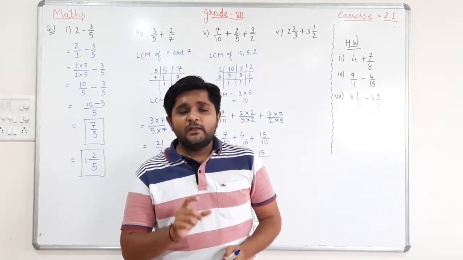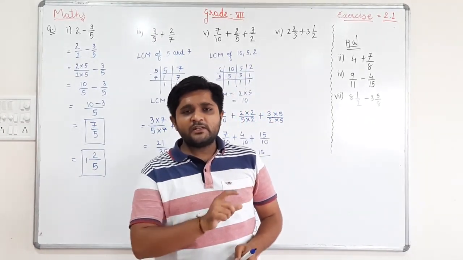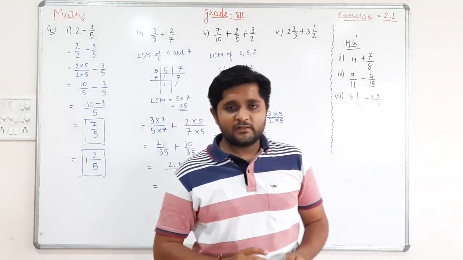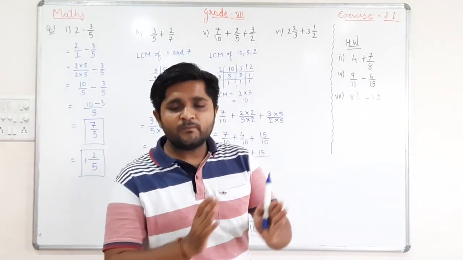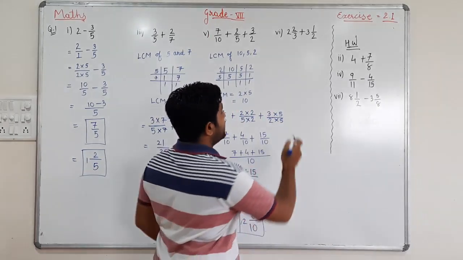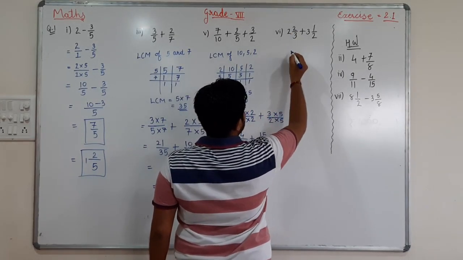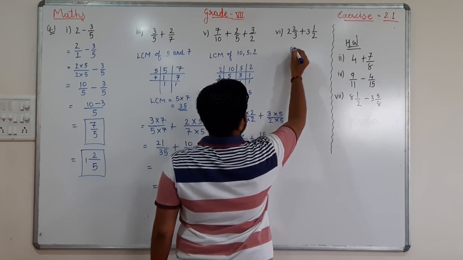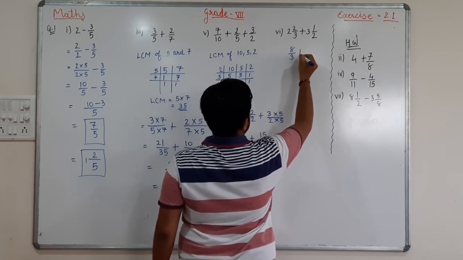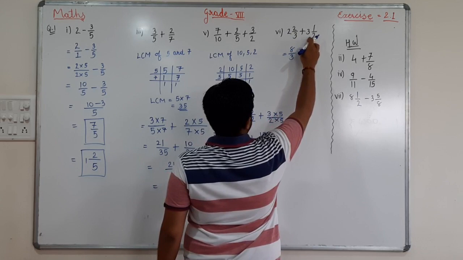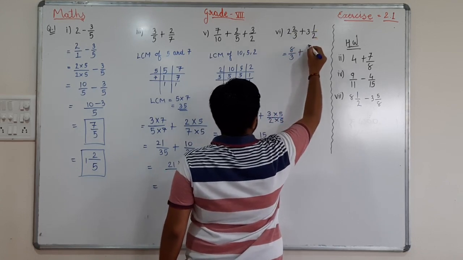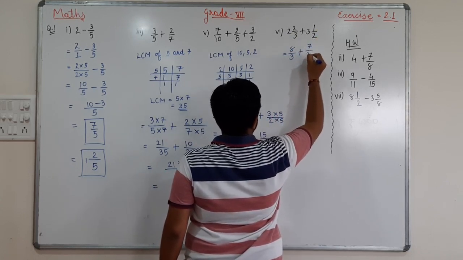So first of all we have to convert these mixed fractions into improper fractions. 3 2s are 6, 6 plus 2 is equal to 8. So 8 upon 3 plus 2 3s are 6, 6 plus 1 is 7. 7 upon 2.